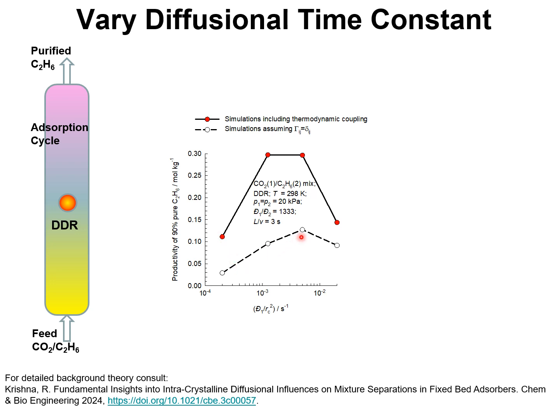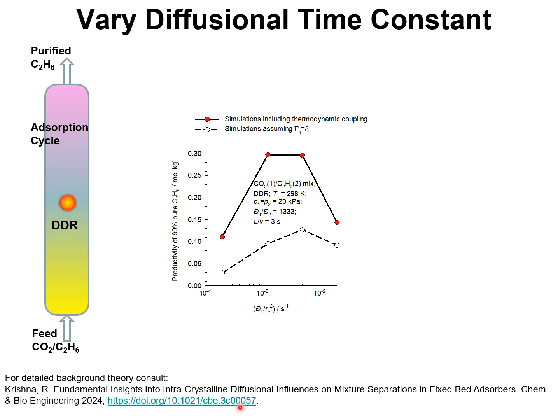We note that the LDF model underpredicts the productivity of purified C2H6 severely, indeed by a factor of about 2 to 3 lower than the value anticipated by the Maxwell-Stefan diffusional formulation.